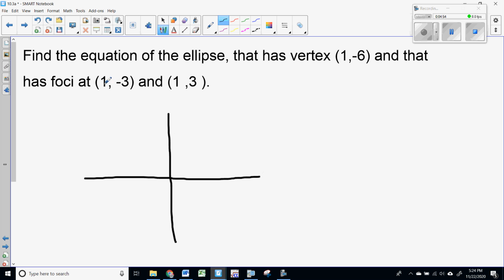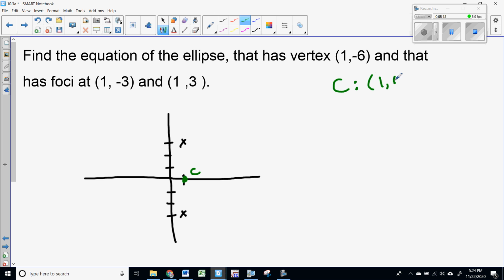At (1, 3) is a focus, and at (1, -3) is the other focus. That's going to tell us our center is right in the middle, and our center is the point (1, 0).